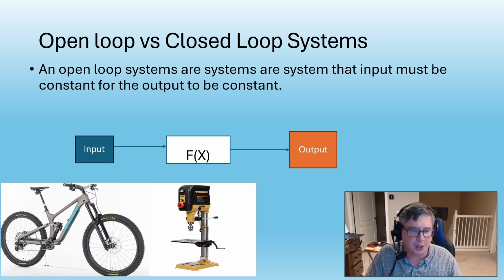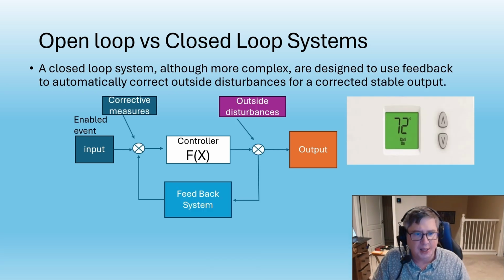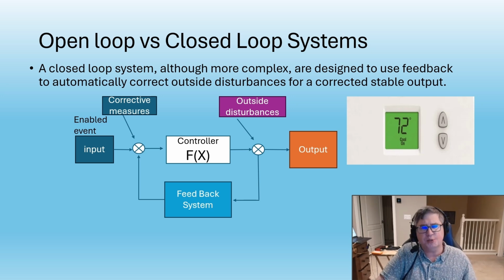So what is a closed loop system? It's more complex, but it's designed to use feedback. Like I said, the feedback is the most important thing. So instead of continuously putting in an input, there is an event, like you push a button and the machine works. It goes forward and there's a controller, like a microcontroller.